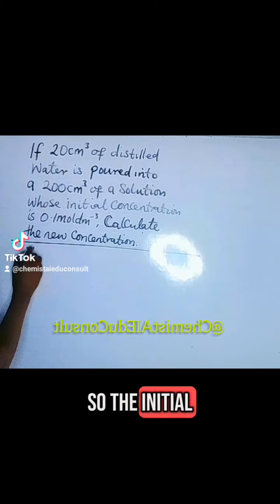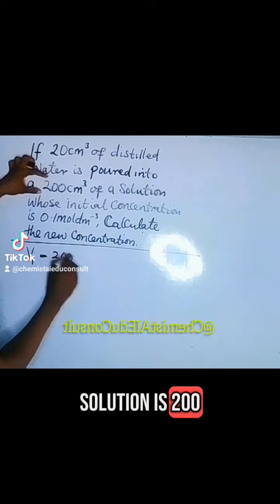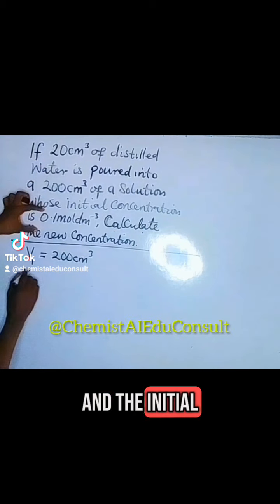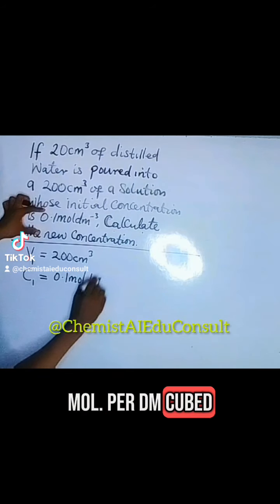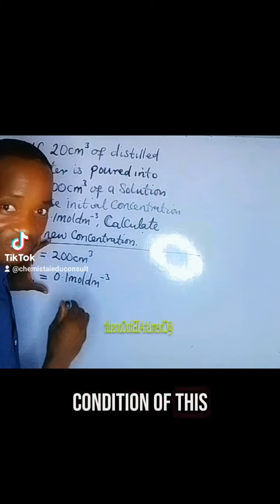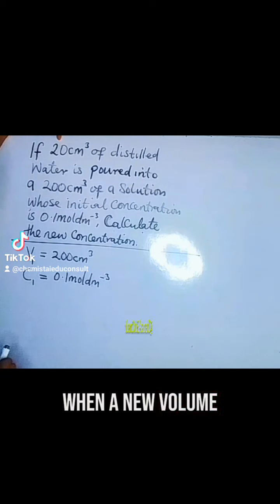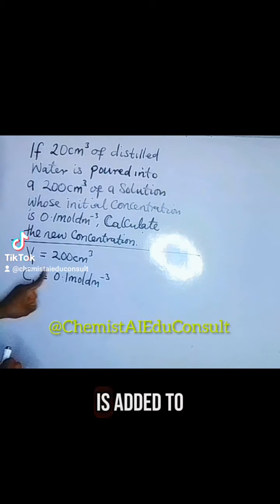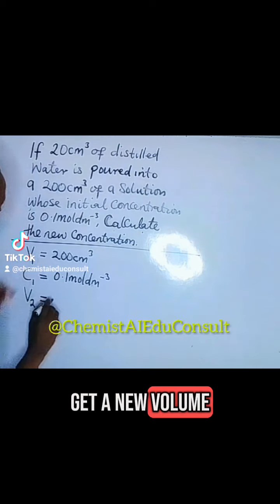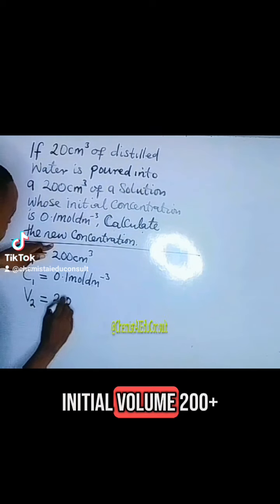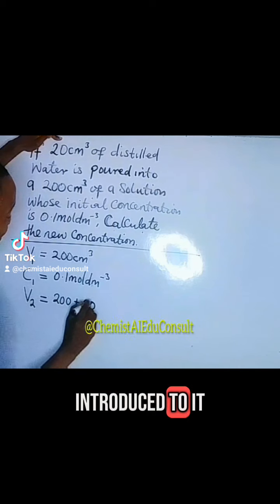So, the initial volume of this solution is 200 cm³ and the initial concentration is 0.1 mole per dm³. Now, the condition of this solution is altered when a new volume, 20 cm³ of water, is added to this initial volume, meaning that we are going to get a new volume, which is the initial volume, 200, plus the new volume introduced to it.